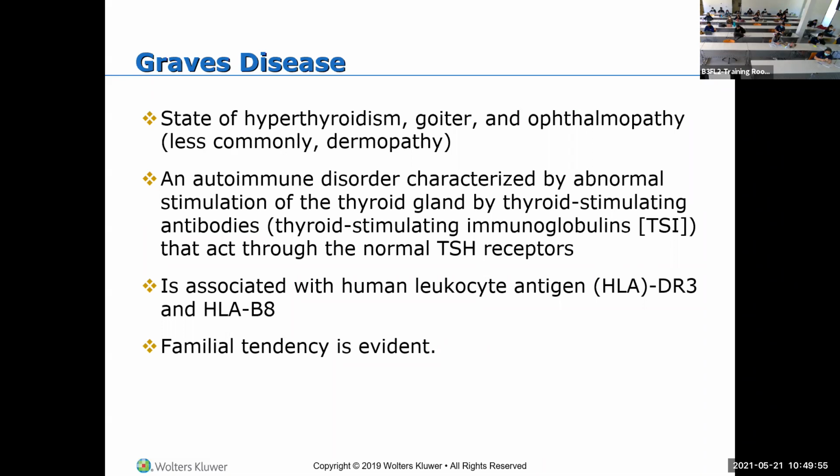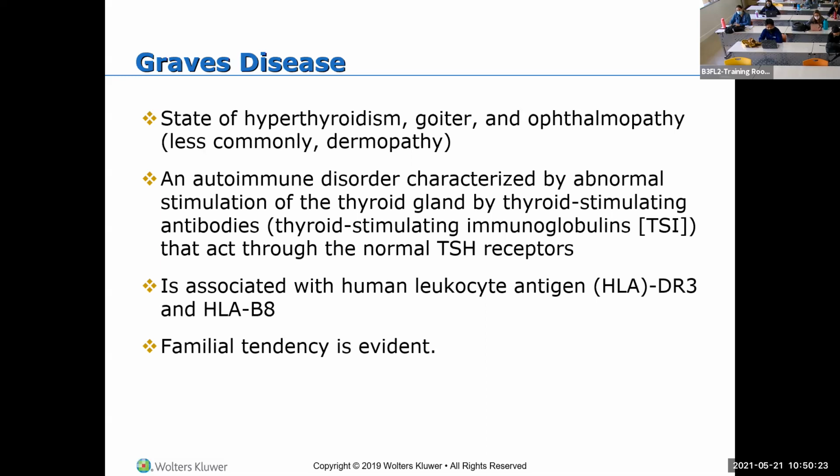Graves' disease, a state of hyperthyroidism, with goiter, ophthalmopathy, and dermopathy. In order to remember, I use the drug of God.